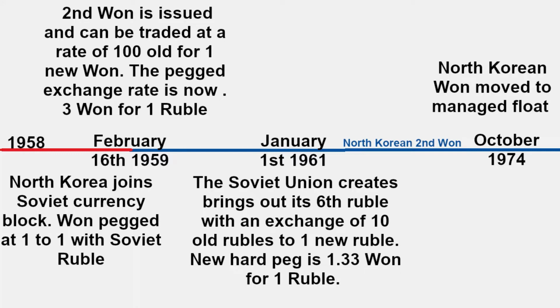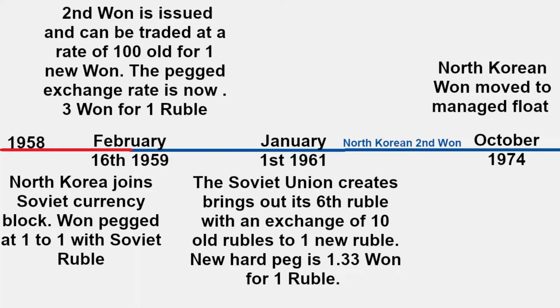However, in February of 1959, the North Koreans basically came out with a new currency, the second won. One of the problems that was going on already in North Korea, and this is going to be a recurring theme, is that they had a lot of inflation.